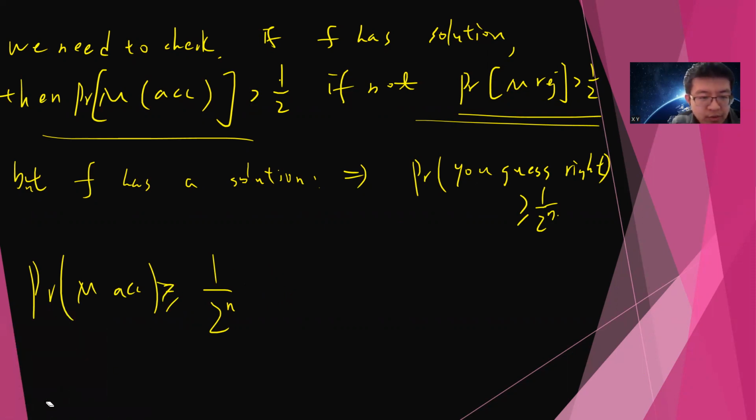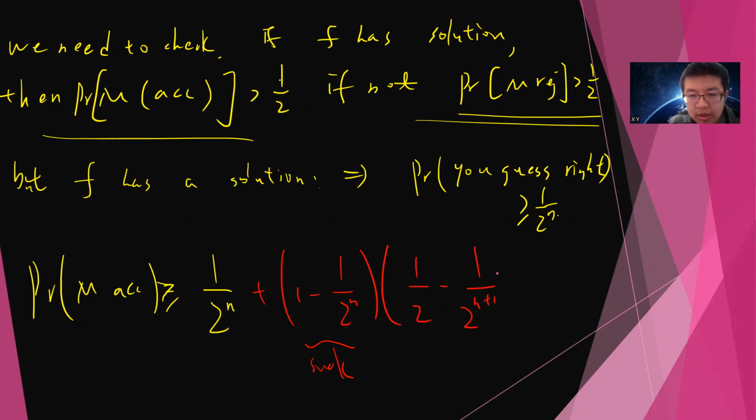That means suppose you suck and you didn't find a solution, but with probability less than this. This is the probability that M outputs the wrong answer.